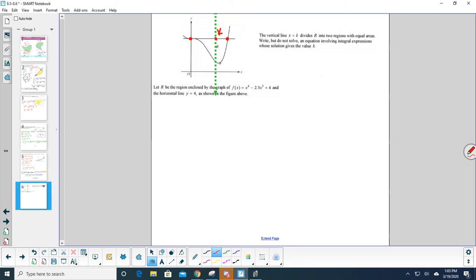So my problem is I've got to figure out what my outer bounds are. So I'm going to say x to the 4th minus 2.3x cubed plus 4 has to equal 4, because here and here they're the same value. So I'm going to subtract the 4 from both sides. If I do that, they actually cancel out on both sides.